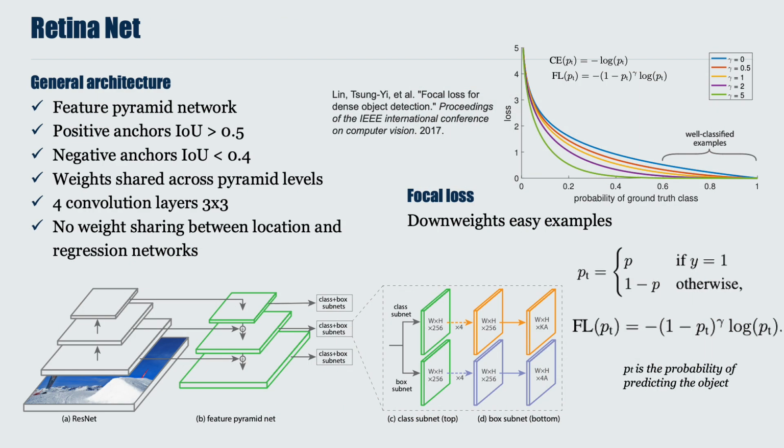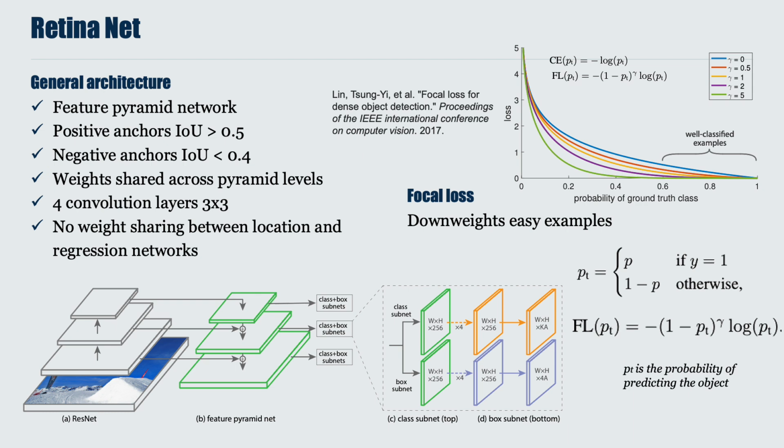The next interesting one-stage detector is what's called RetinaNet. The general architecture is a feature pyramid network where they extract all their features, and then at each level they slowly go back to get input from the previous level and get their feature at each level of the pyramid.